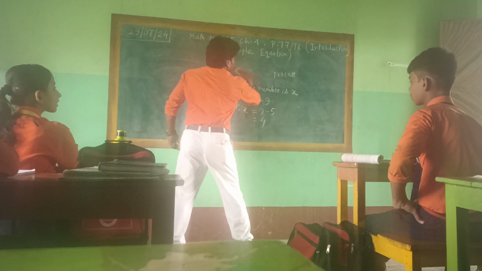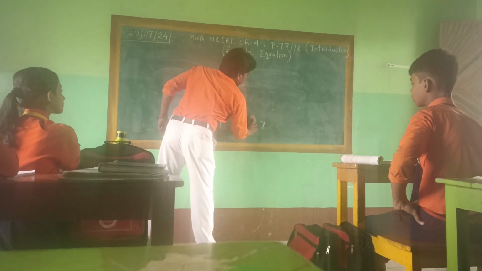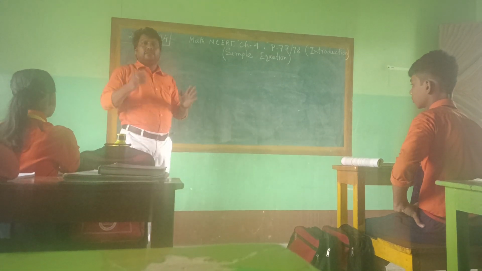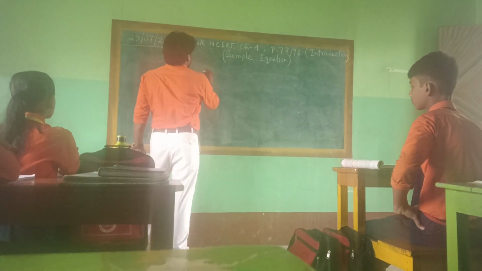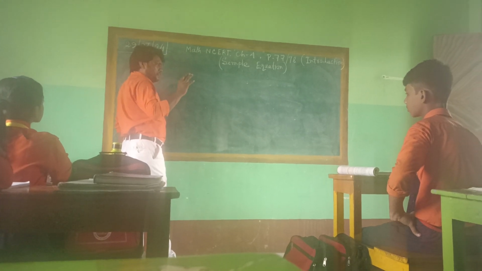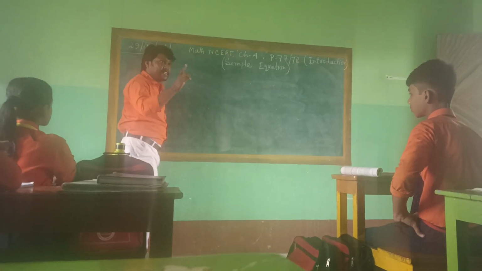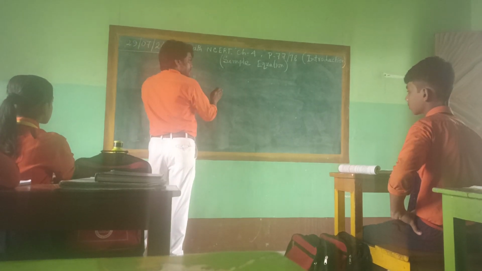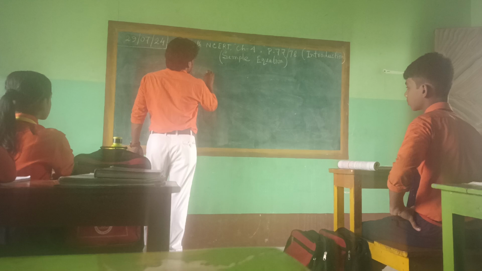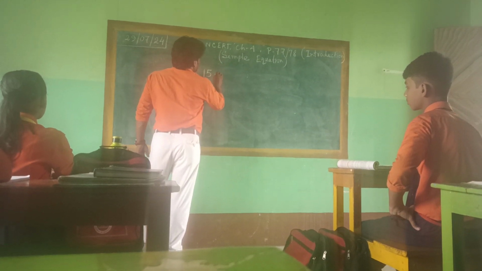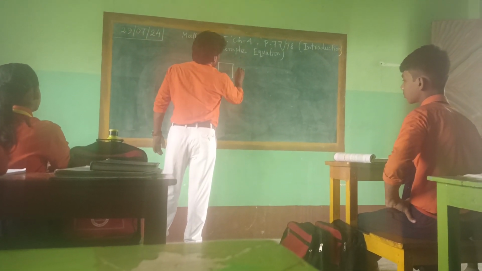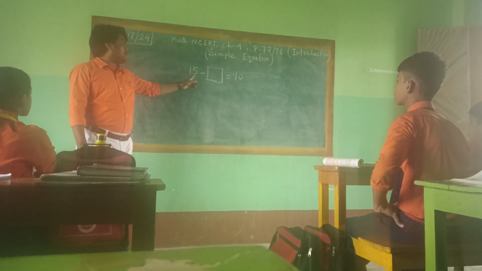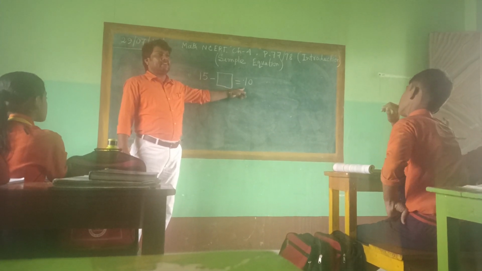I have just compared two methods, arithmetic and equation. Suppose I give the problem: what should be subtracted from 15 to get 10?